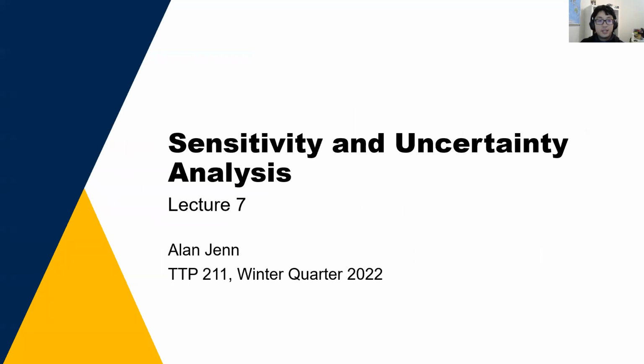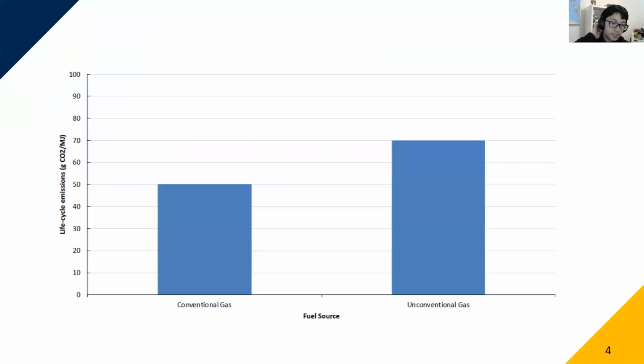So today we'll be talking about sensitivity and uncertainty analysis. The first plot here is a plot of the life cycle emissions in terms of CO2 per megajoule for conventional gas and unconventional gas.